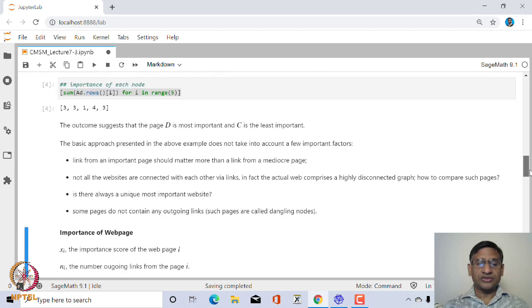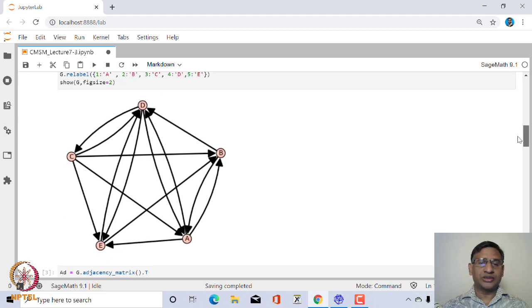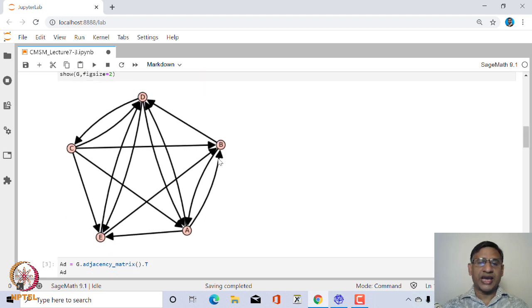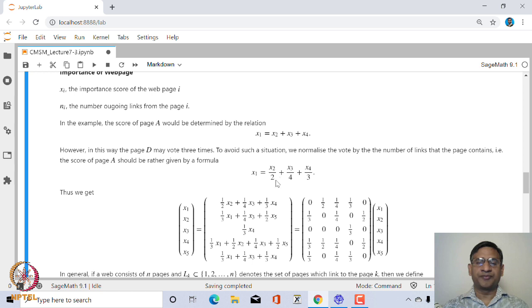So in this case x1, the importance score at A, should be equal to x2 plus x3 plus x4. However, x2 has 2 outgoing links, so there is equal probability that it gives its vote to A or to D. From B you have outgoing links to A and to D, so the probability is half.